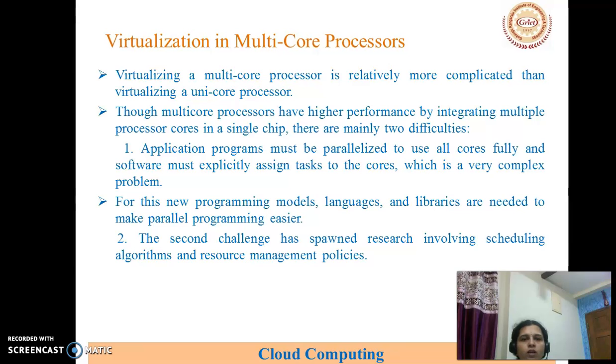One is that application programs must be parallelized to use all cores fully, and software must explicitly assign tasks to the cores, which is a very complex problem. For this, new programming models, languages, and libraries are needed to make parallel programming easier. The second challenge has spawned research involving scheduling algorithms and resource management policies.